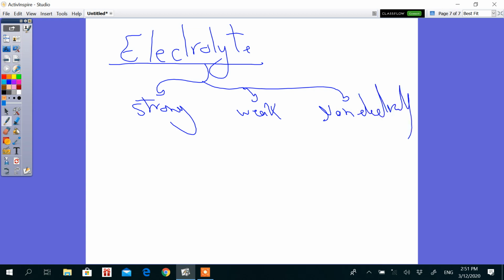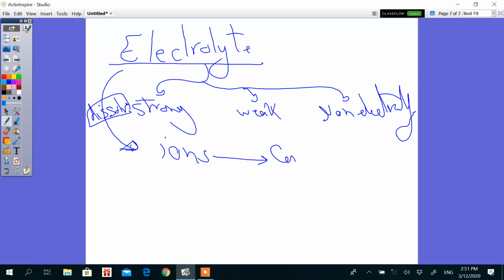I must know first what is meant by electrolyte. Electrolyte is any substance that can dissolve in water or a solvent and produce ions.